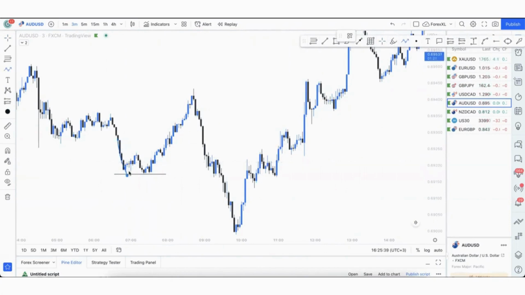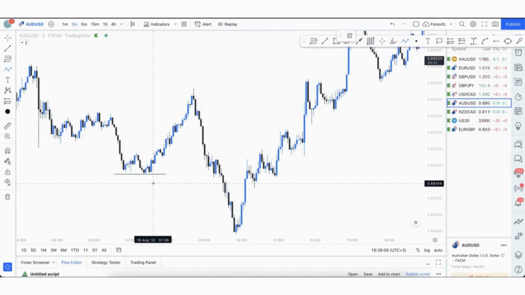So you have a double bottom here, it goes up, yes, but as you can see as well, price went down and then went up again. As long as we see this kind of structure, we can see how the price moves or reacts on those areas.